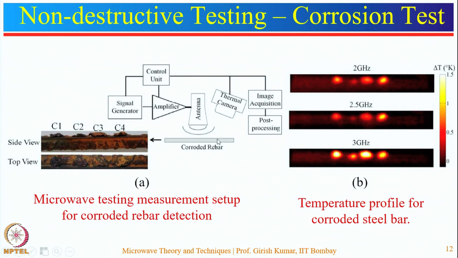In case of an uncorroded steel bar, there will be maximum absorption. However, in case of corrosion, the absorption will be less. So, it will show highlighted spots. Here you can see the highlighted spots which correspond to the corroded areas. You can see here that at higher frequencies the absorption is even less, so it provides even brighter spots.